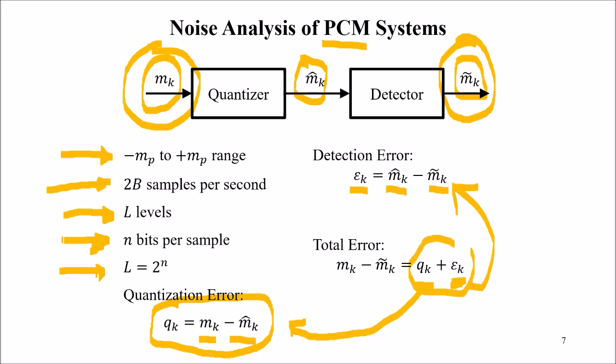The two errors are added together. We're going to look for the power in the error signal, and since the two errors are uncorrelated with each other, it's simply the power of the quantization error plus the power of the detection error.